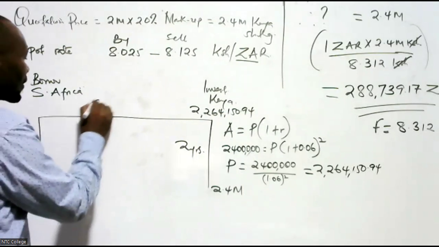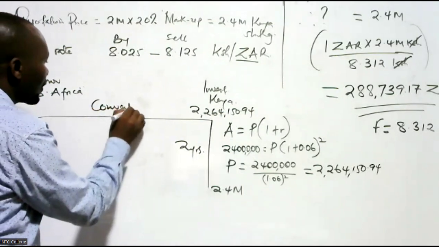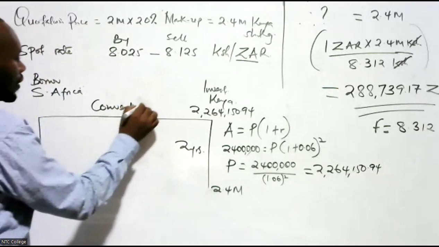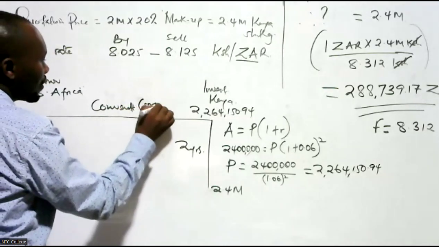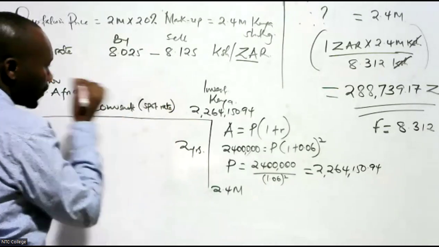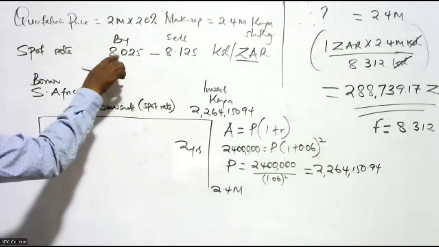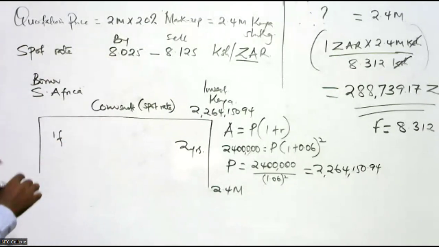So convert using spot rate. Rate ya leo. So you say that if spot rate is this one, what am I going to do? I'm going to nitapanda ndege niende South Africa.